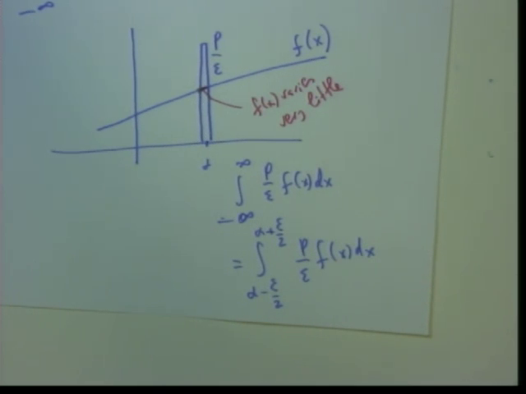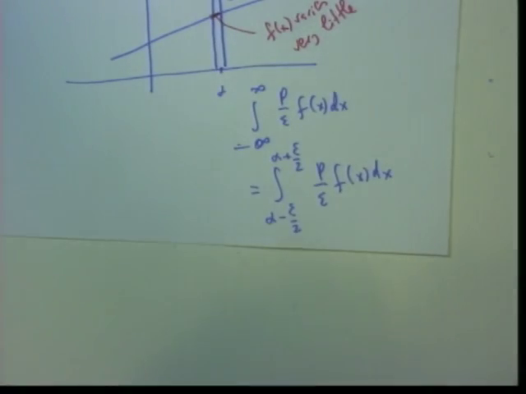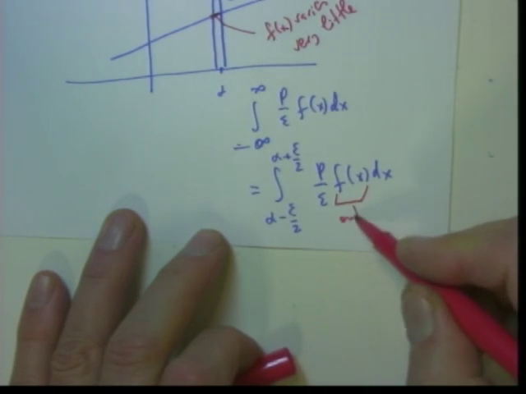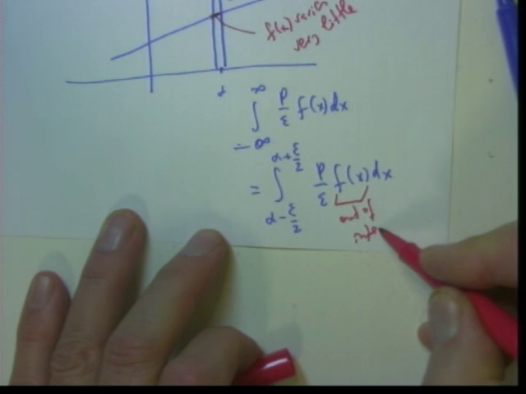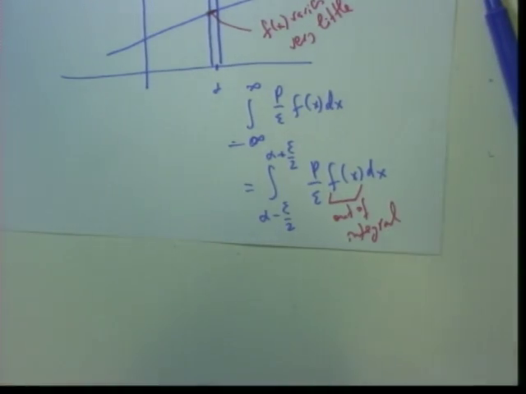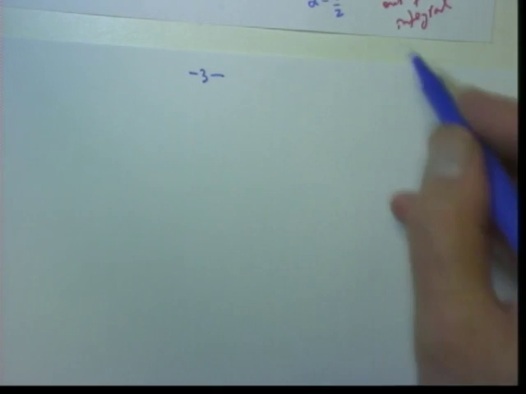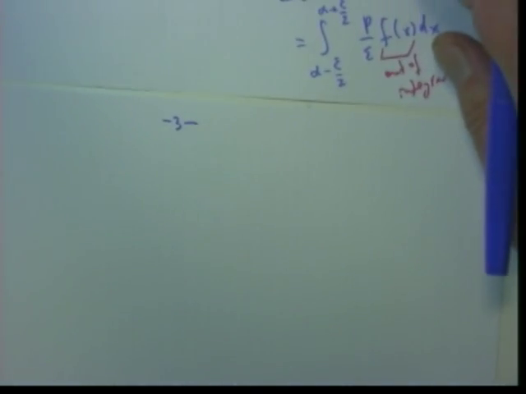Therefore it's like a constant, so it can be taken out of the integral, at this value alpha.